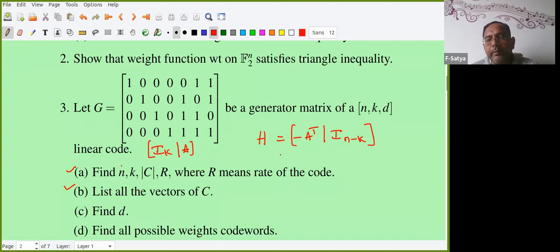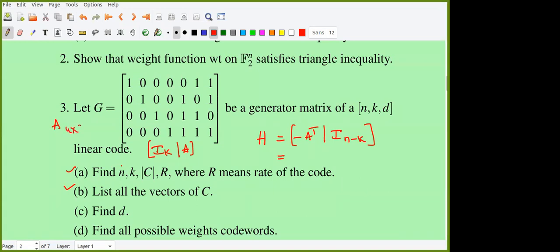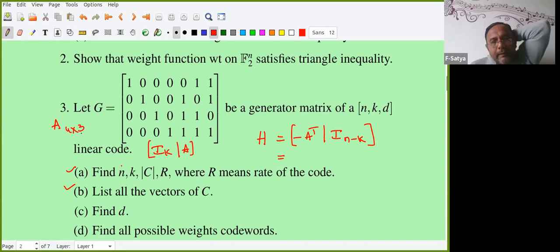What is the size of A? 4 cross 3, right? What is 3? 3 is n minus K, correct? These are 4 columns, so n minus 4 is 3.